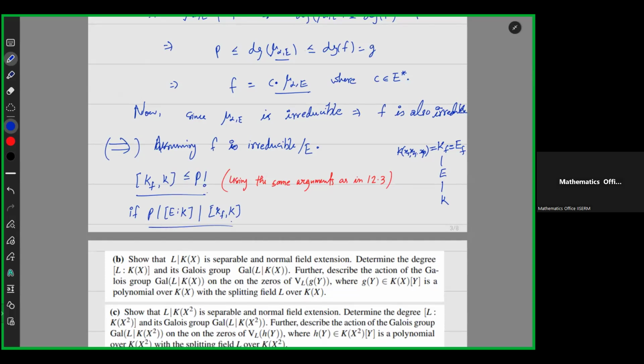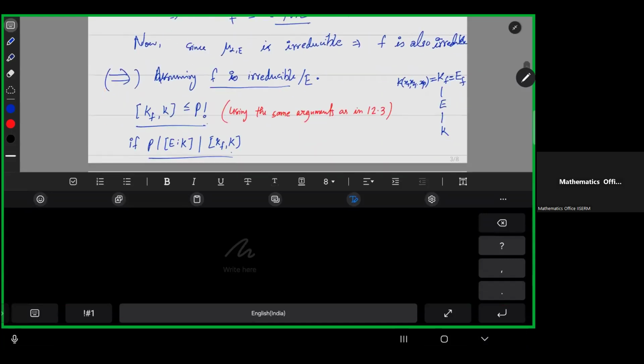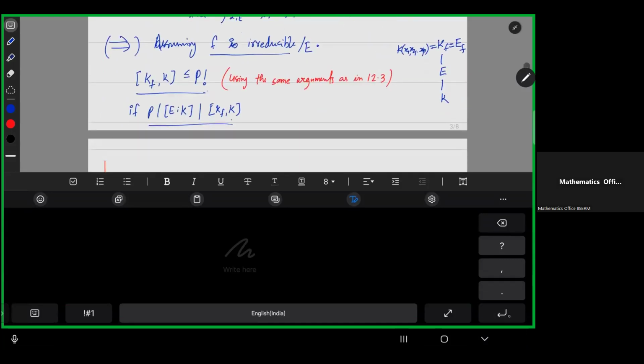Okay, so here we are like this. Oh, we are not using this part: F is irreducible over E. Otherwise, half of the problem is solved, right?